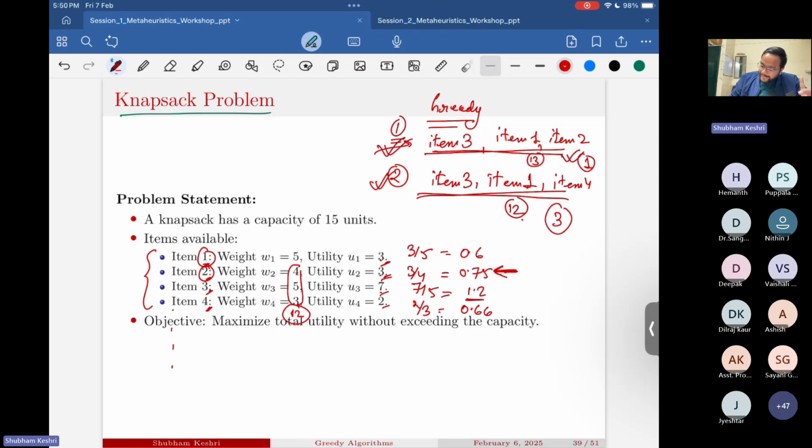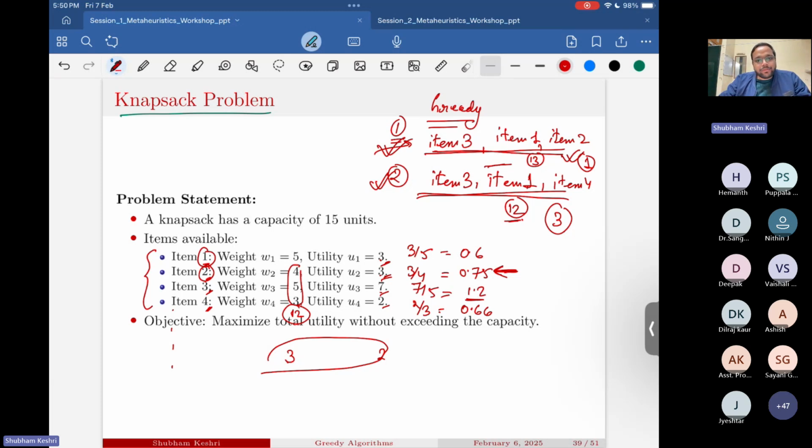So if there is one more item with a weight of 3 and some utility, suppose 2 or 3, you could have picked that item as well, and the utility would have been more than what this approach gives. So I'm saying for the knapsack problem, the utility per unit weight greedy algorithm, this is also a greedy algorithm, works better. Theoretically it has been shown to work better.